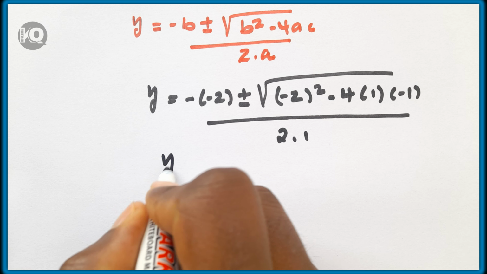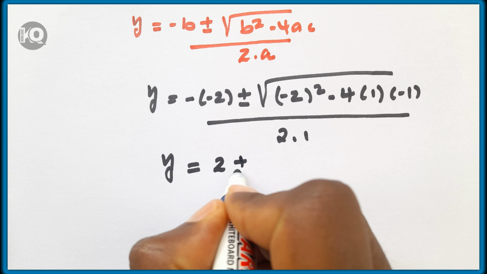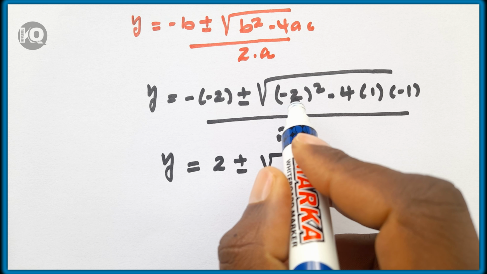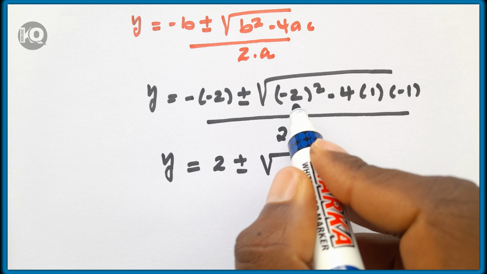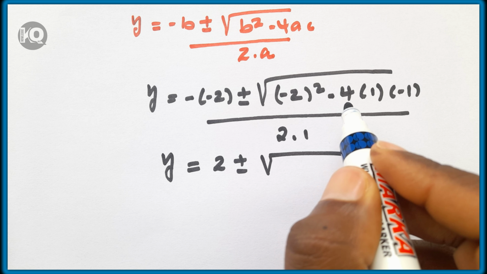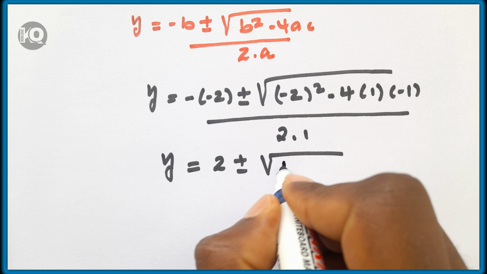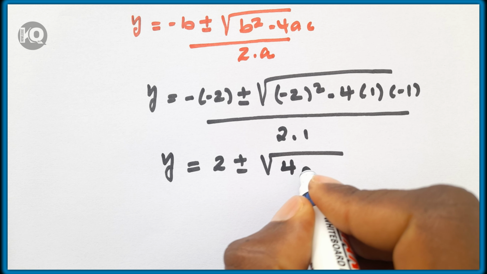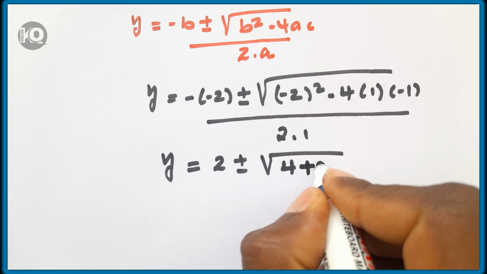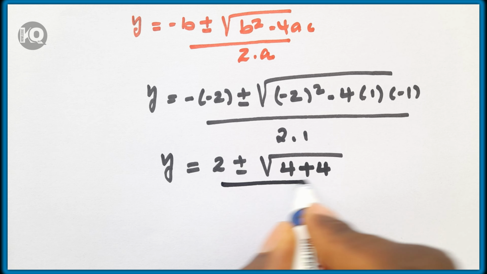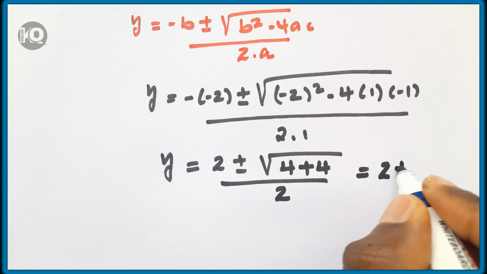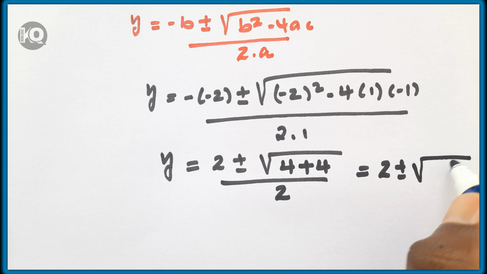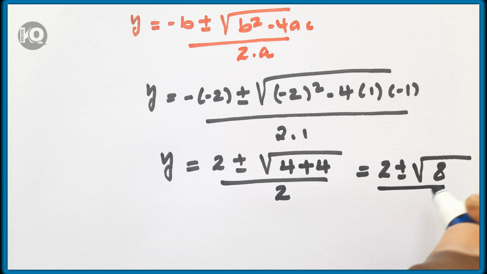So it will be 2 plus or minus the square root of 4 plus 4, divided by 2, which is equal to 2 plus or minus the square root of 8 divided by 2.